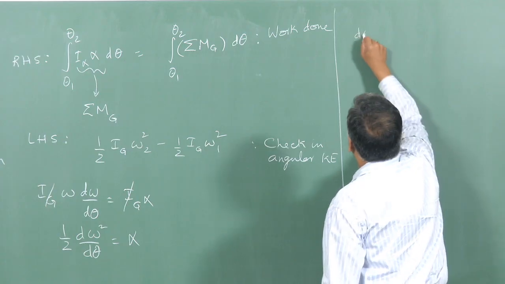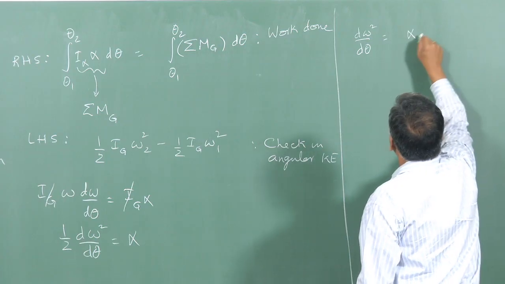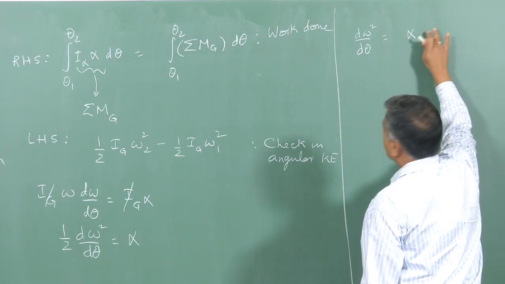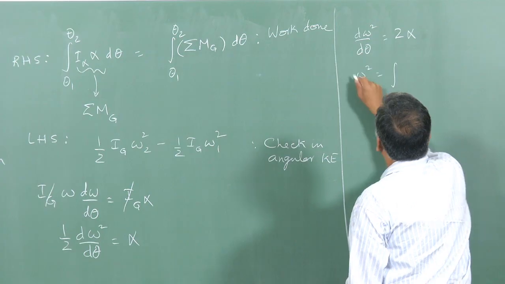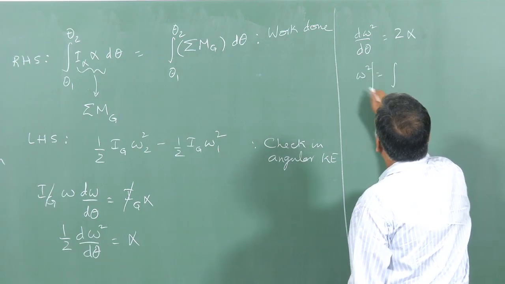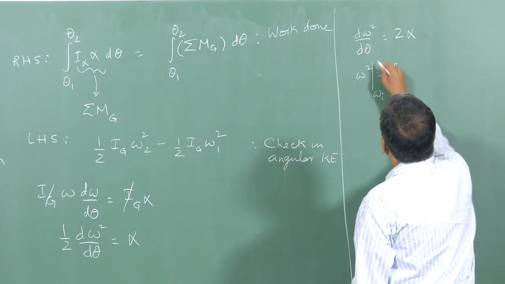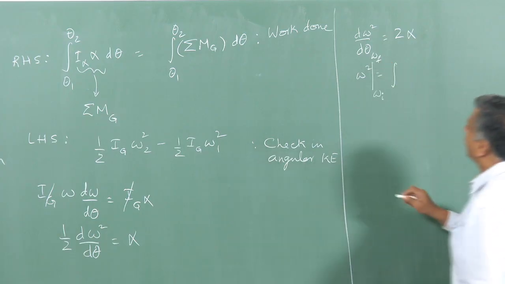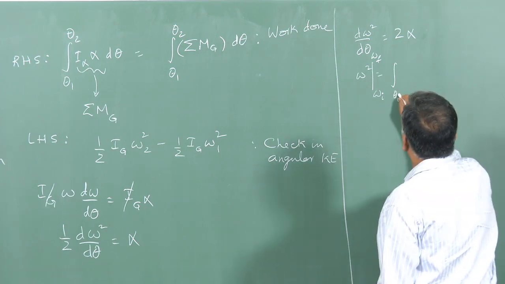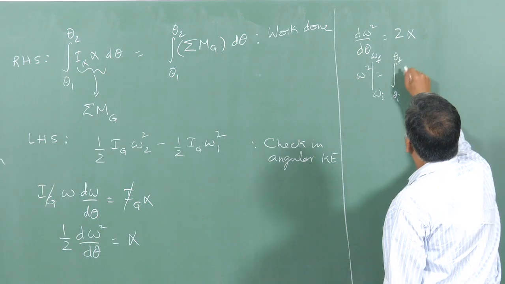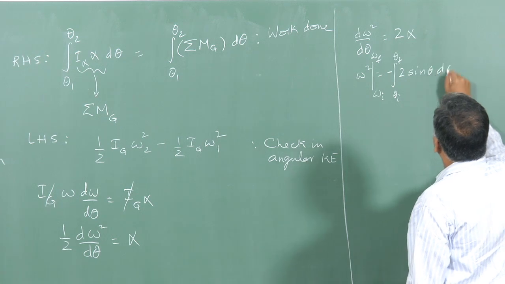So d omega squared over d theta equals 2 alpha. I have now integrated this, going from some initial omega I to a final omega f, and from some initial theta I to a final theta f, minus 2 sin theta d theta.